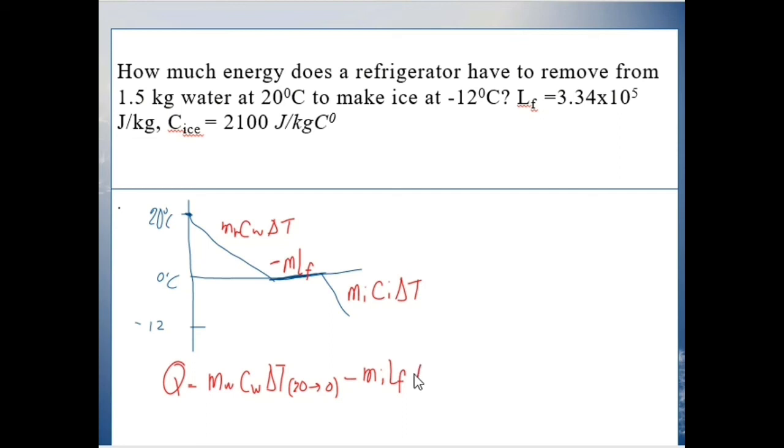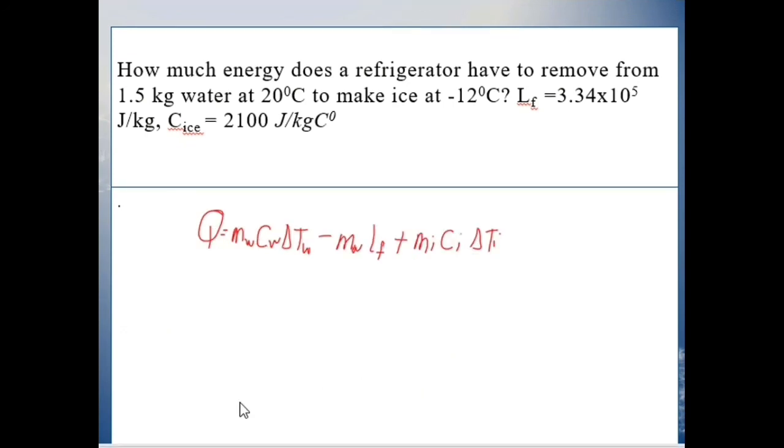Then we have plus mass of the ice, C of the ice, delta T of the ice, from 0 to negative 12. Okay, there. So we can now substitute the given.